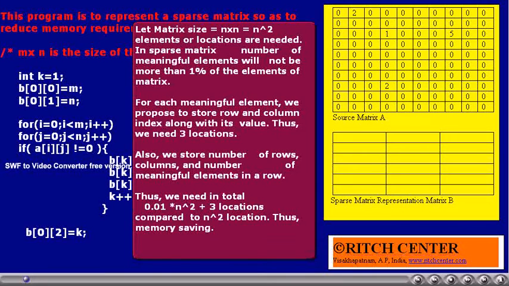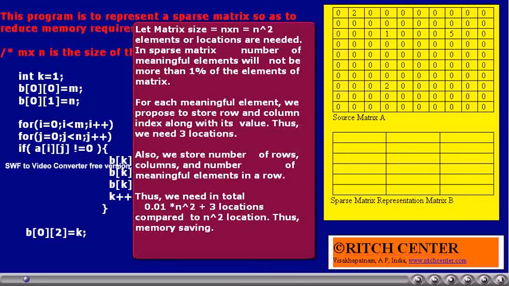In order to conserve the memory requirements, we propose here a representation such that memory requirements to store the sparse matrix information will be reduced. The main theme is as follows.